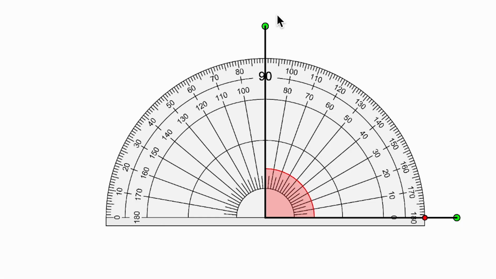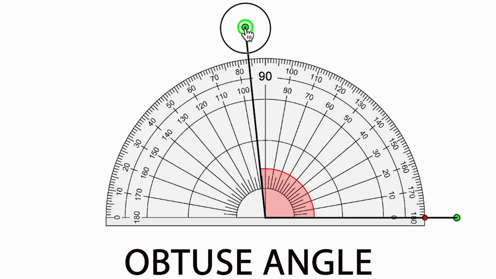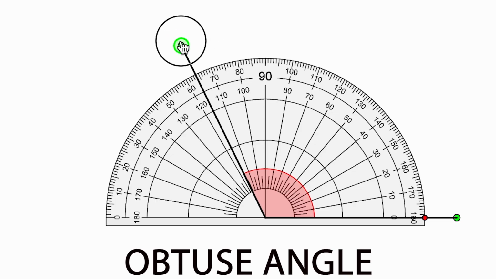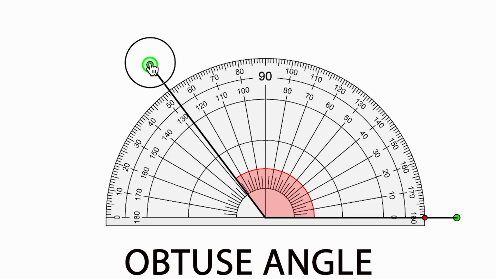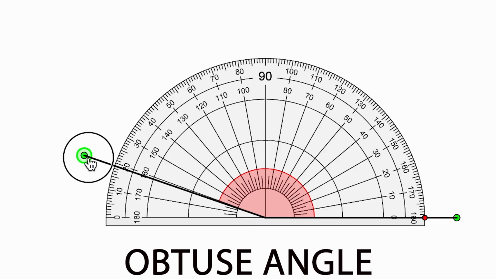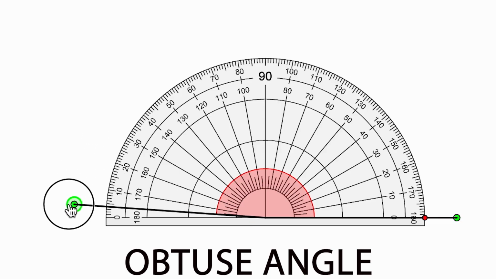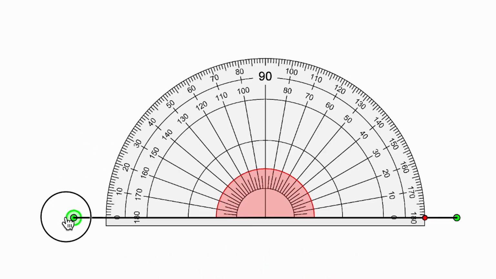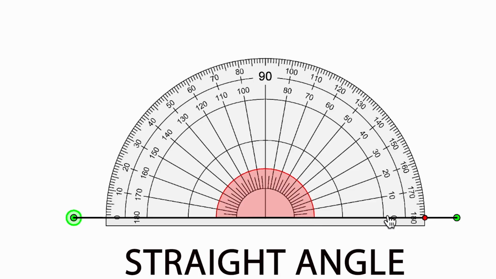An angle over 90 degrees is called an obtuse angle. When we go up to 180, we call it a straight angle. That is a straight angle.